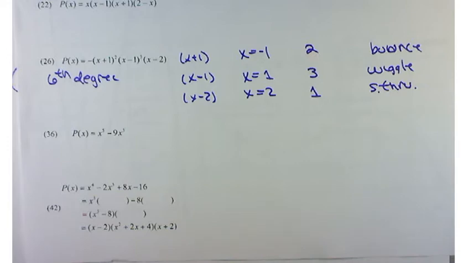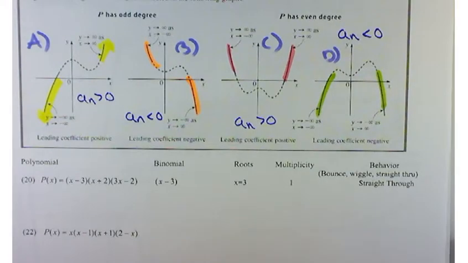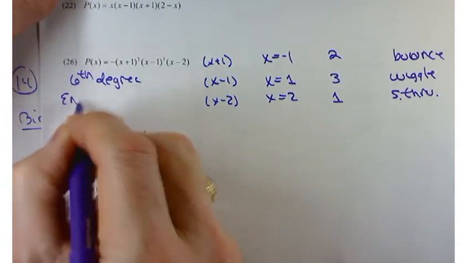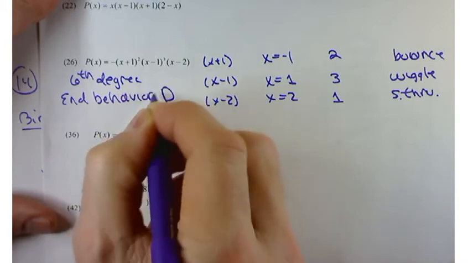Let's see if we can put this onto a graph then. Well, we need to understand the end behavior. Which one are we looking at for the end behavior? A, B, C, or D? D. It's eventually going to open facing down. So end behavior is D.